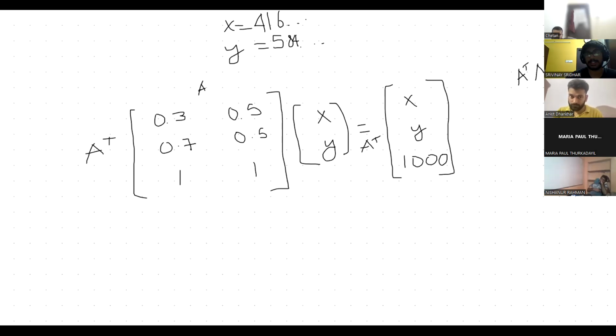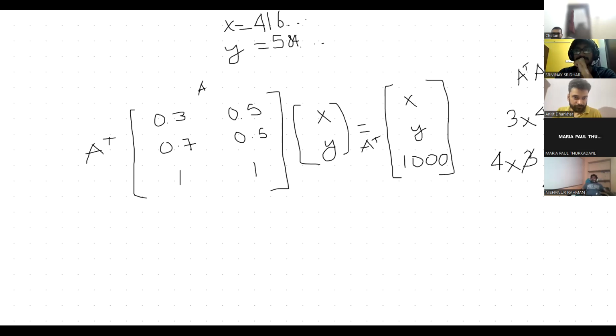I don't know if it's intuitive or not, but looking at the shape of any matrix, let's say 3 cross 4, A transpose A will be 4 cross 3 multiplied with 3 cross 4. That will always give us a 4 cross 4.